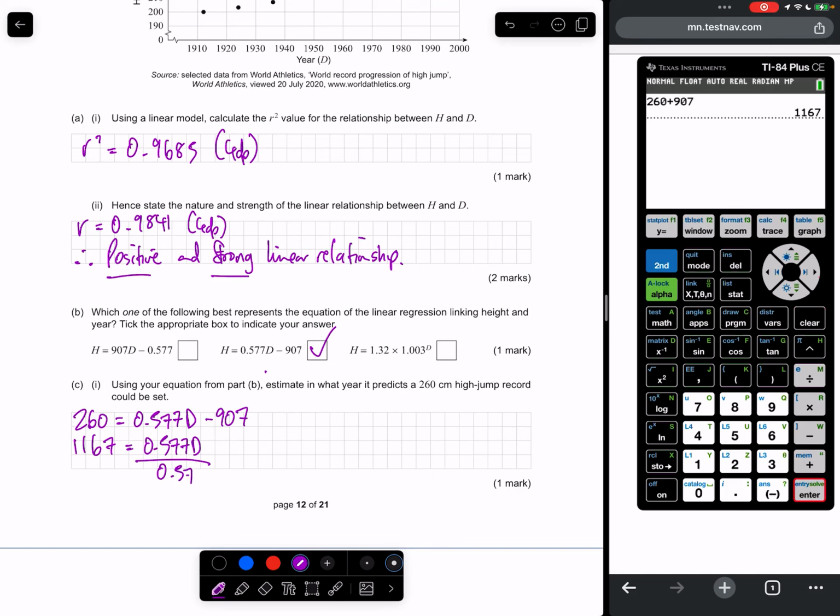Divide both sides by 0.577. Cancels, therefore d is 2022.53 to 2 decimal places. Therefore, estimated in 2022.